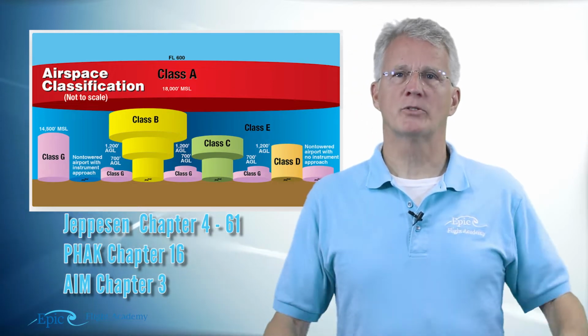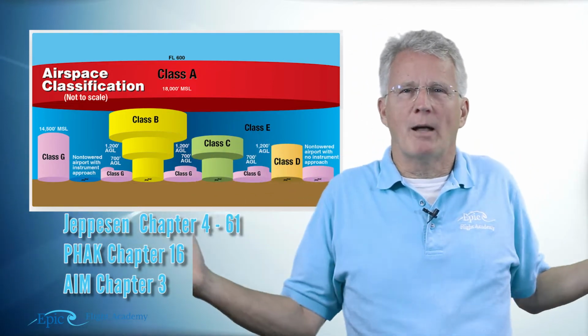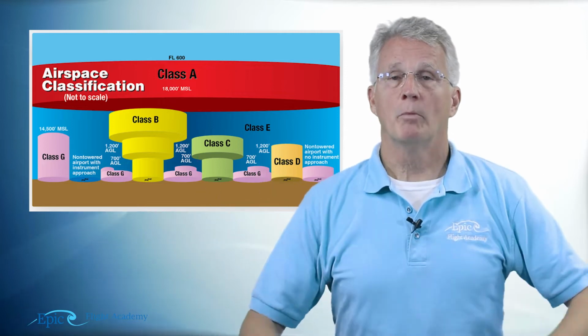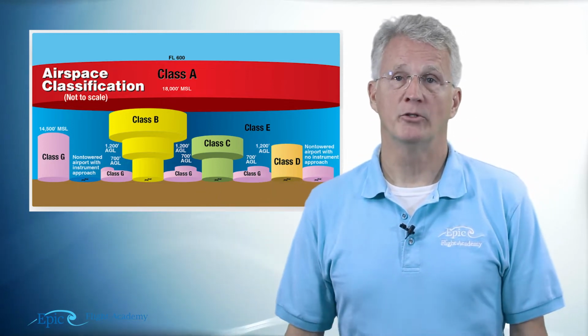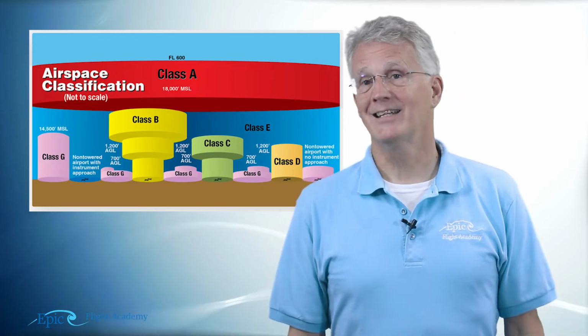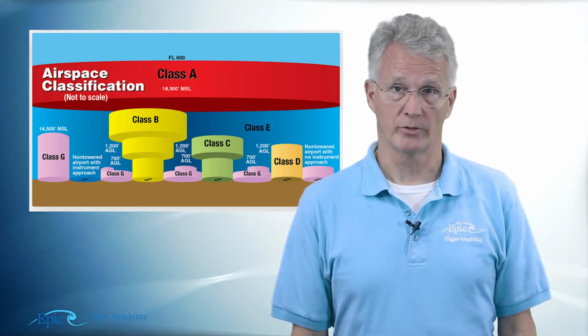So how do we make sense of all the complexities of airspace? Well, my answer is let's go to the AIM, the Aeronautical Information Manual, Chapter 3, and see how the AIM makes sense of it. The AIM divides airspace up into controlled, uncontrolled, and special use.